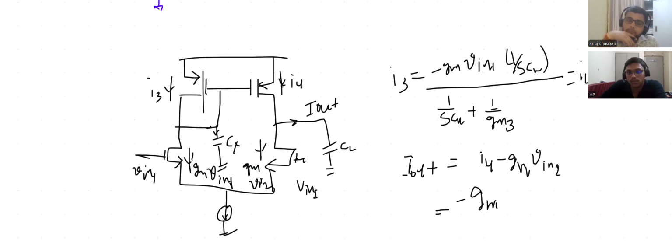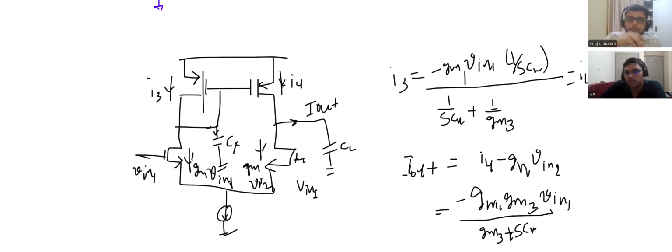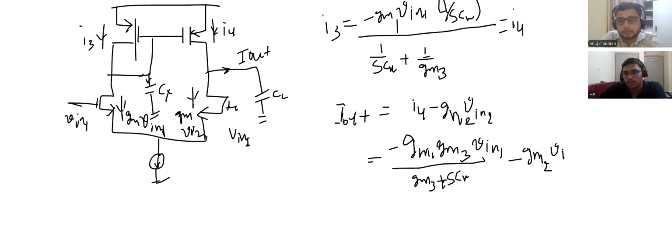gm1 gm3 Vin1 over gm3 plus sCx, minus gm2 Vin2. This is gm2, this is gm2 Vin2. Can you scroll down, sir?